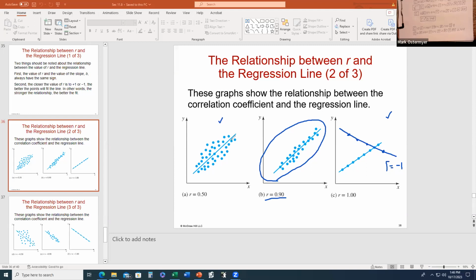And because of that, we would not expect R to be really close to positive 1, although we still have a direct correlation between X and Y. We would expect R to be somewhere between 0 and 1, like this, maybe 0.50. All right, so do we understand the relationship between the value of R and the strength of relationship we can ascertain from the scatter plot?